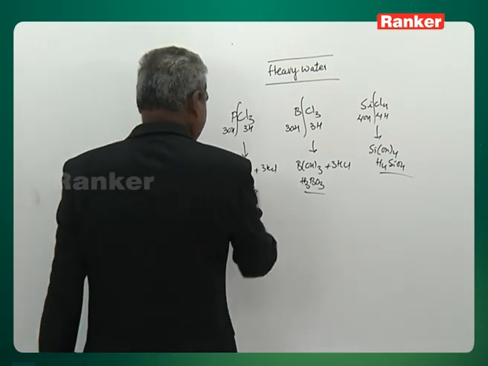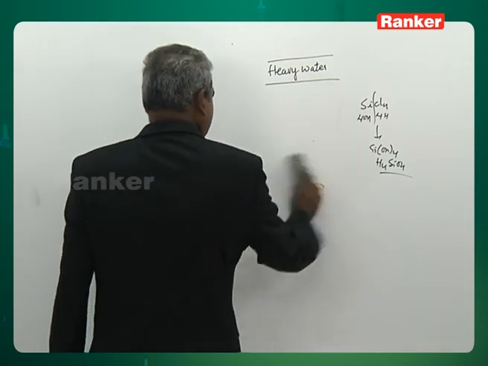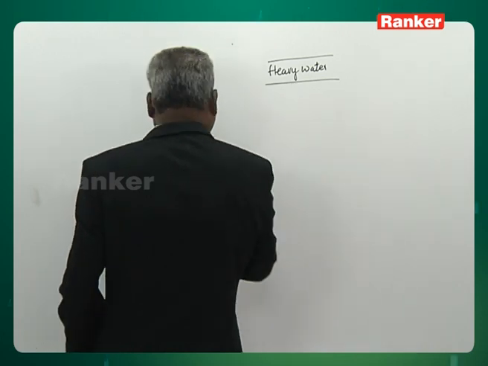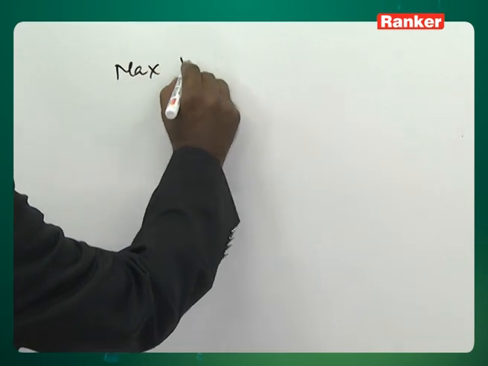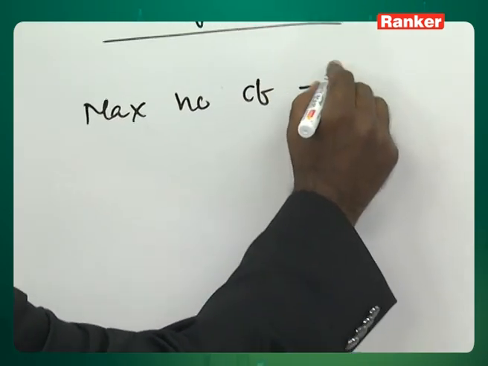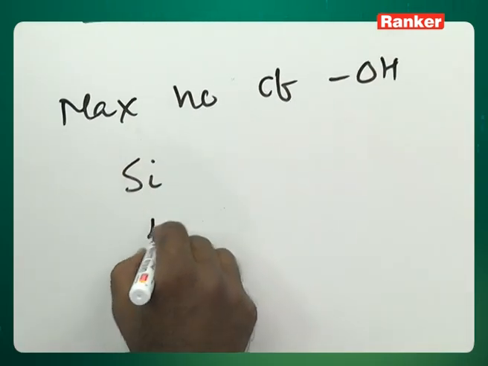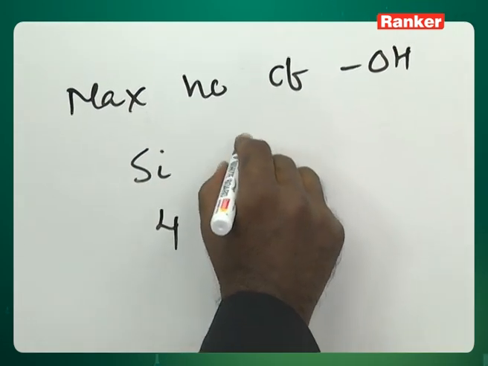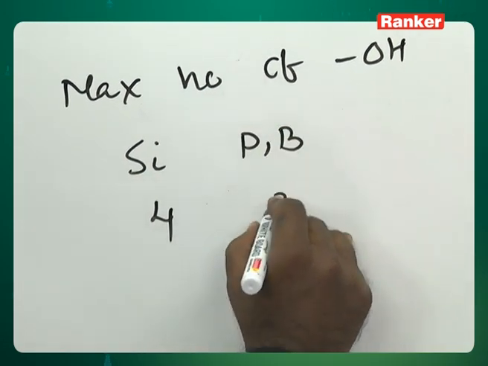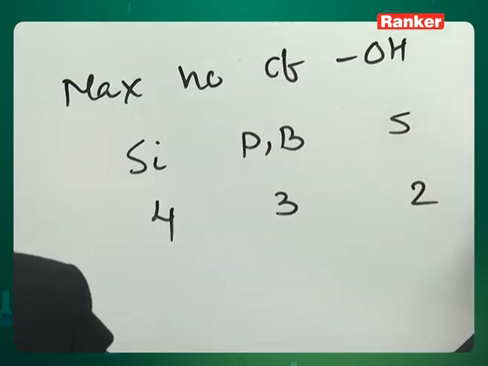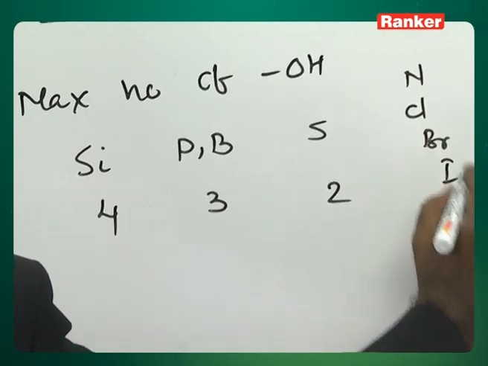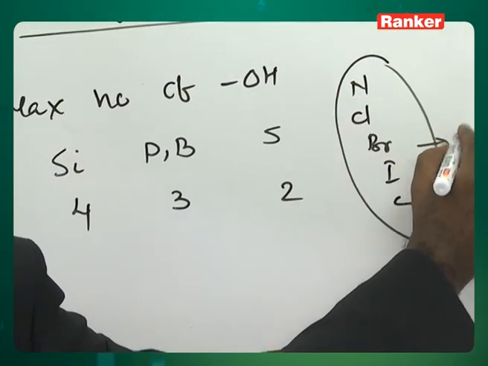Some atoms cannot have too many OH groups. So let us generalize the maximum number of OH groups that are permissible. Silicon can handle 4 OH. Phosphorus and boron can handle a maximum of 3. Sulfur only 2. Chlorine, bromine, iodine, nitrogen, carbon, etc. can handle only 1 OH group.